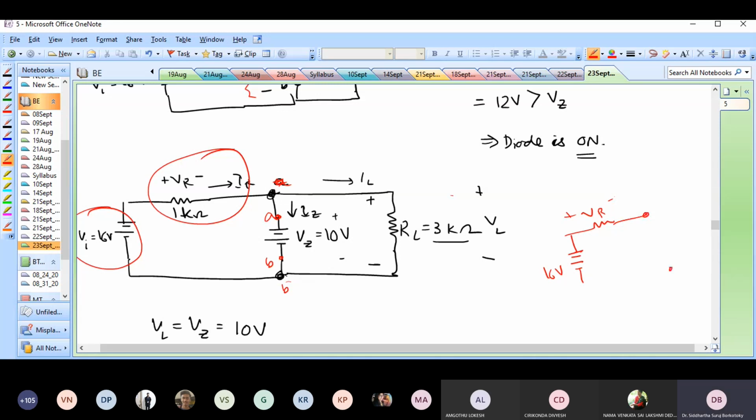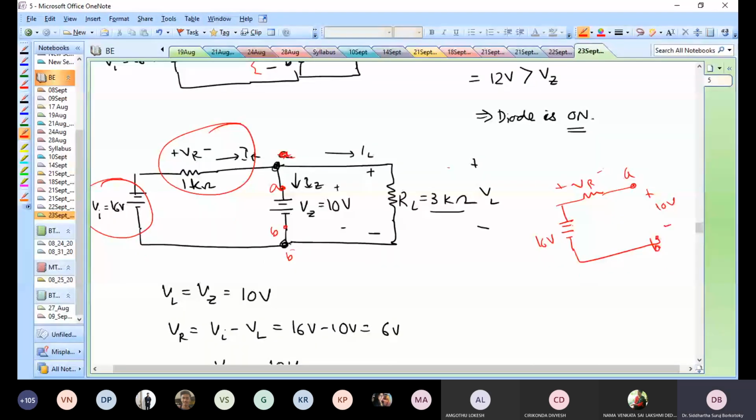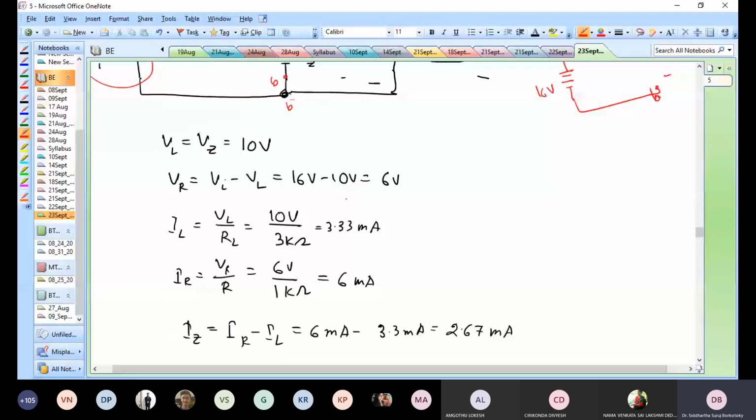So VR is VI minus VL, which is 16 minus 10, which is 6 volts.